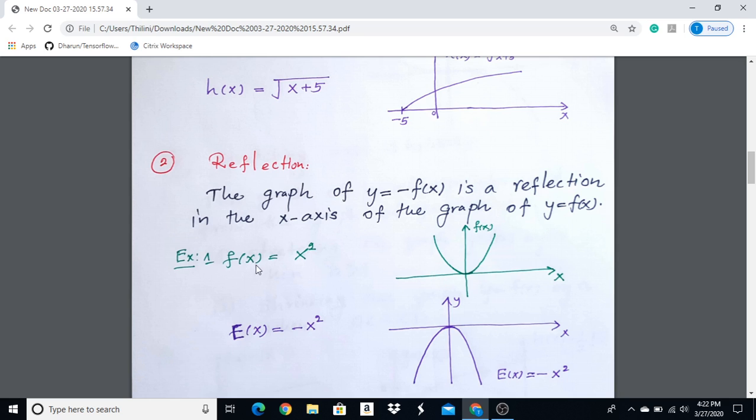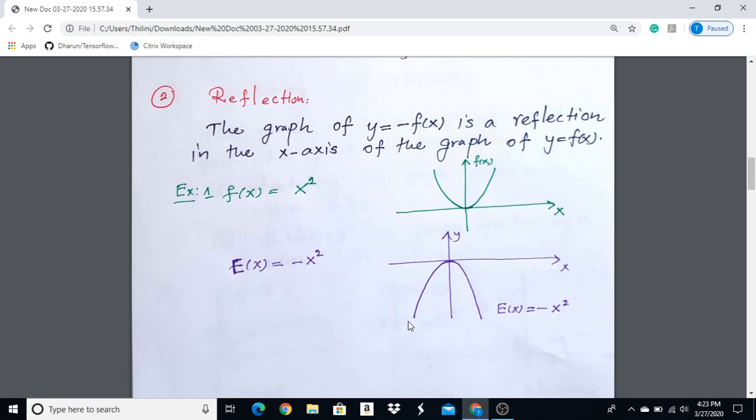You can see here we have f(x) equals x squared, the parabola that we discussed before. If we multiply this by minus 1, and call that g(x), it is completely upside down. This is g(x) equals minus x squared. You can see that it's been reflected around the x-axis.